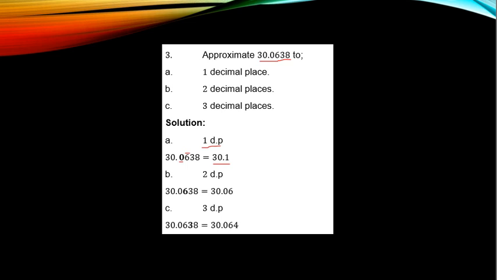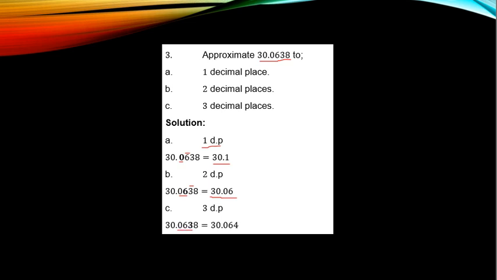Okay? For 2 DP, we'll consider 06, the first 2 digits after the point. The next number is 3, and 3 falls in the category of rounding down to 0. You add 0 to 6, it remains as 6. So to 2 DP, you have 30.06. For 3 decimal places, we are interested in the first 3 numbers after the decimal point, and that is 063.